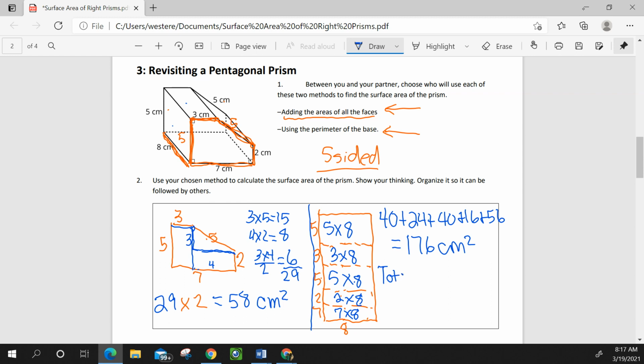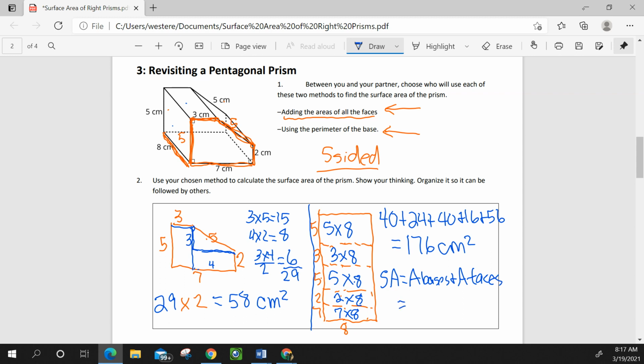So the total, actually I'm going to write it like this. The surface area of this prism equals the area of the bases and the area of the faces. So the rectangular faces.